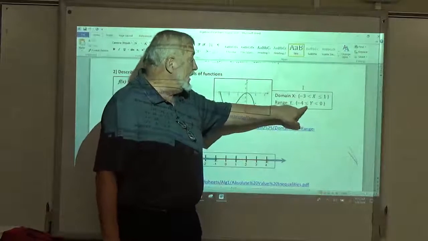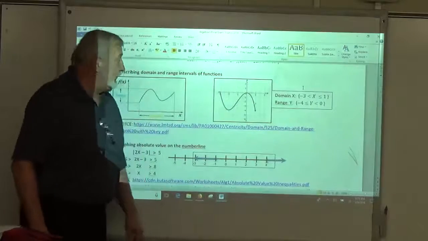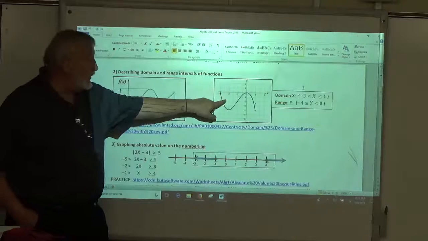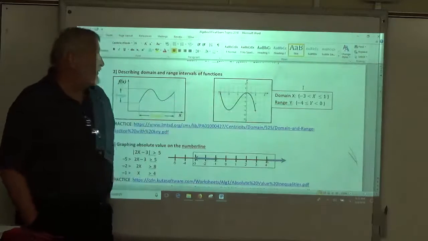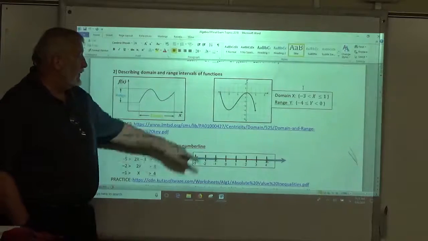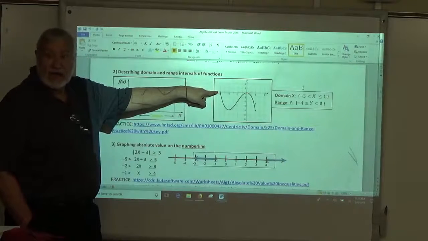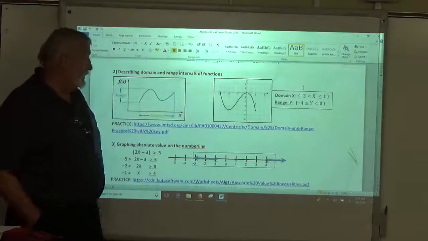Now, why does this one have one equal and one not equal? Open circle, closed circle. Then if you're looking at the y, then the greater part does not equal 0, it only approaches 0.